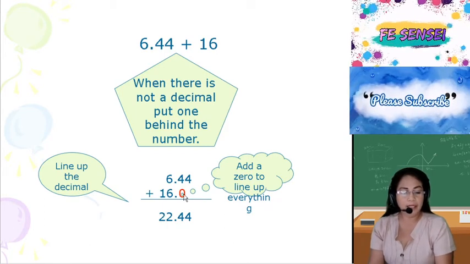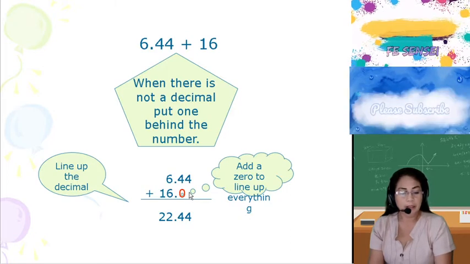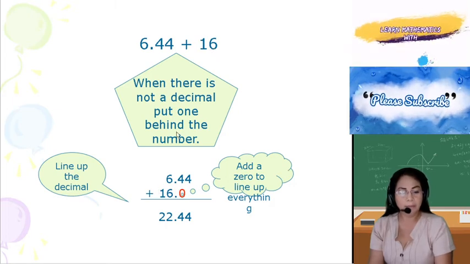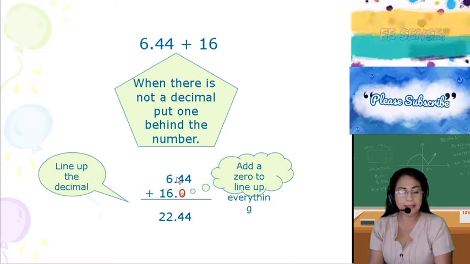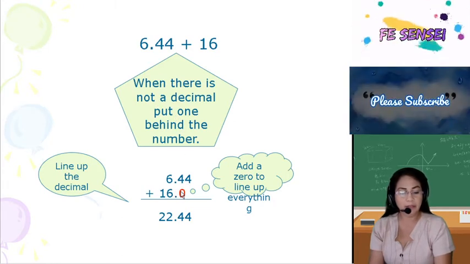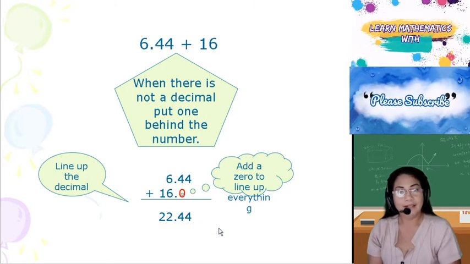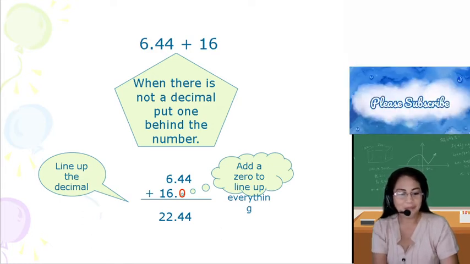But in this place, we can also write 2 zeros. But if it's a whole number, write a decimal point for you to align. Then you can put 1 behind the number. You can put 1, 0, or 2. The sum will not change. Okay.